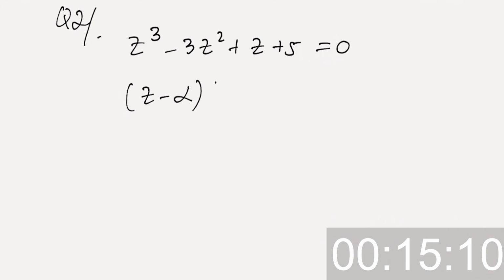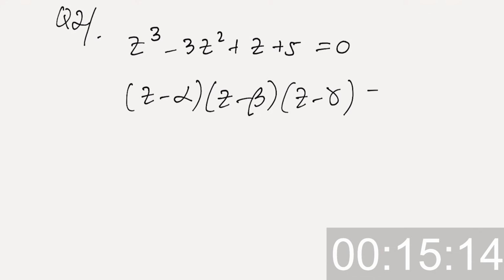Okay, it has roots alpha, beta, gamma. And then we're interested in another cubic in w with those roots. So this has got roots alpha, beta, and gamma, so I can write it using factors. And then the second equation, we don't know what it looks like.